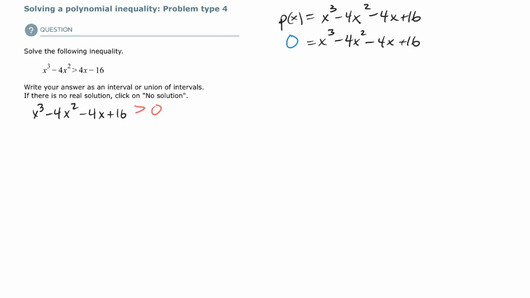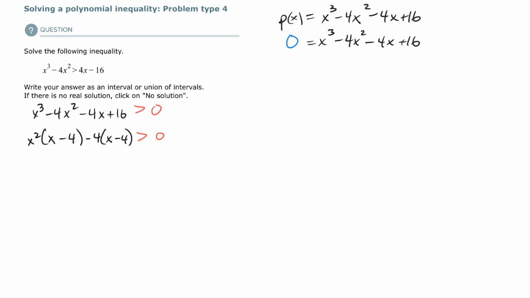It looks like we have 4 terms, and it looks like factor by grouping is going to work. So let's take an x squared here, x minus 4 here, and then we have x minus 4. Yes, factor by grouping is going to work.